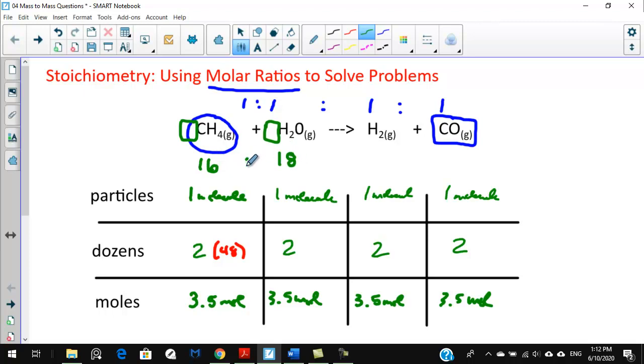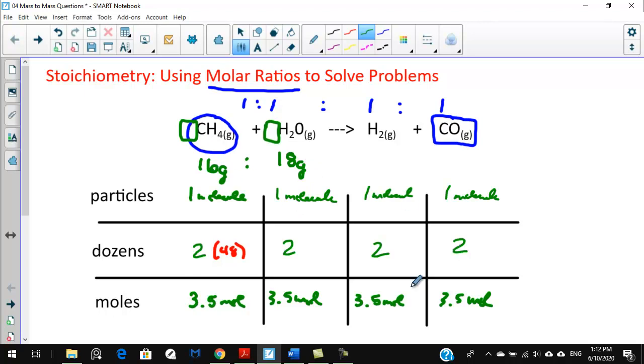So the ratio is 16 to 18, not 1-to-1. And even if we divide that out, that would be 8 to 9. It's not a 1-to-1 ratio when you're doing grams. So these ratios are not in grams. They have to be only in moles or in molecules or in numbers of particles.